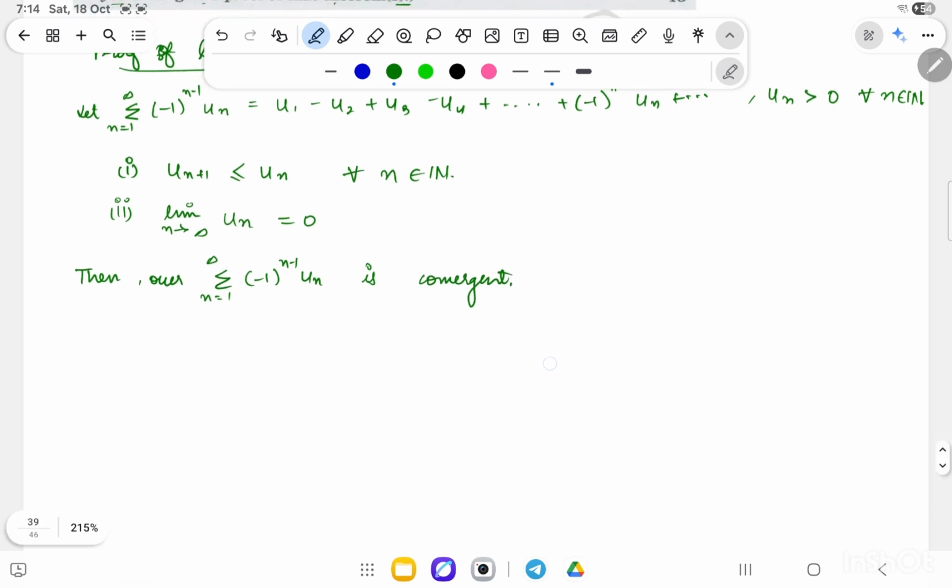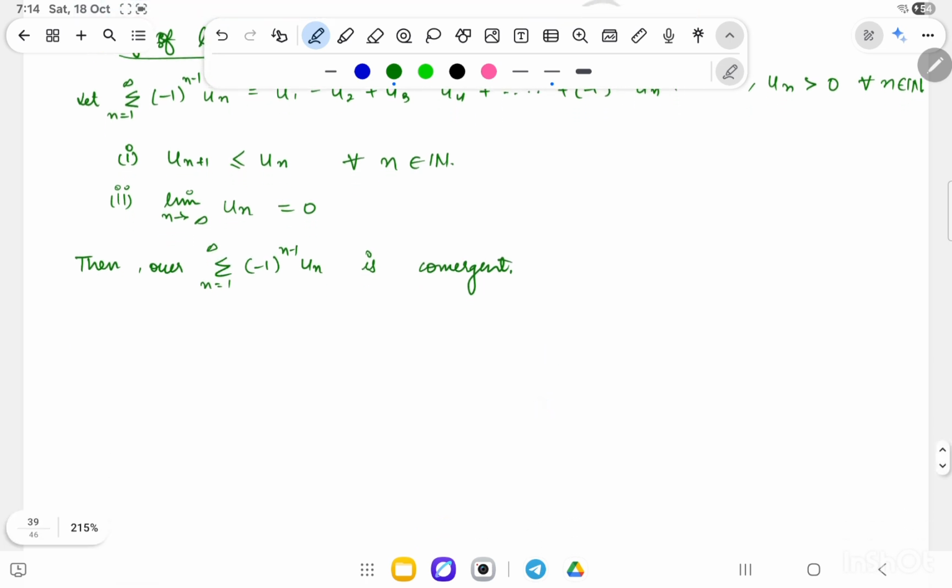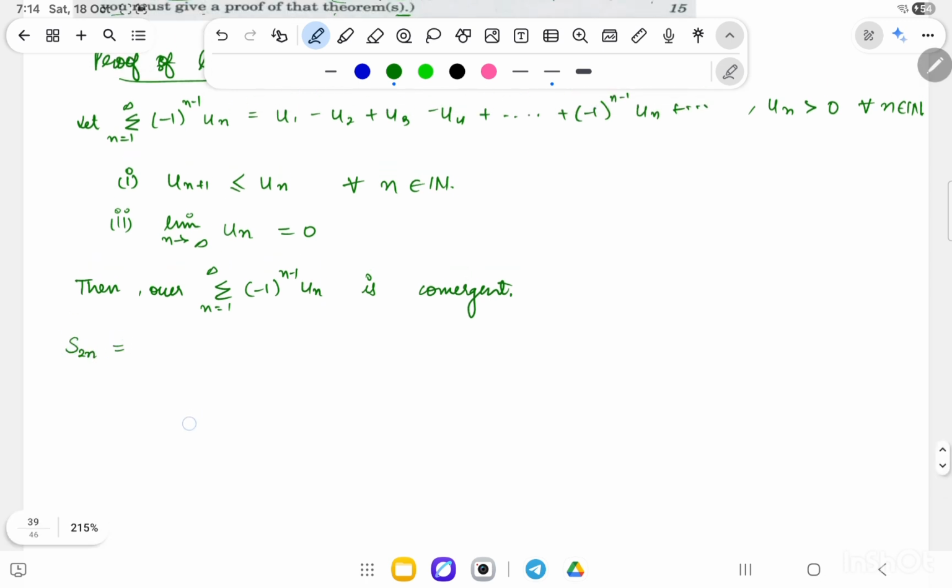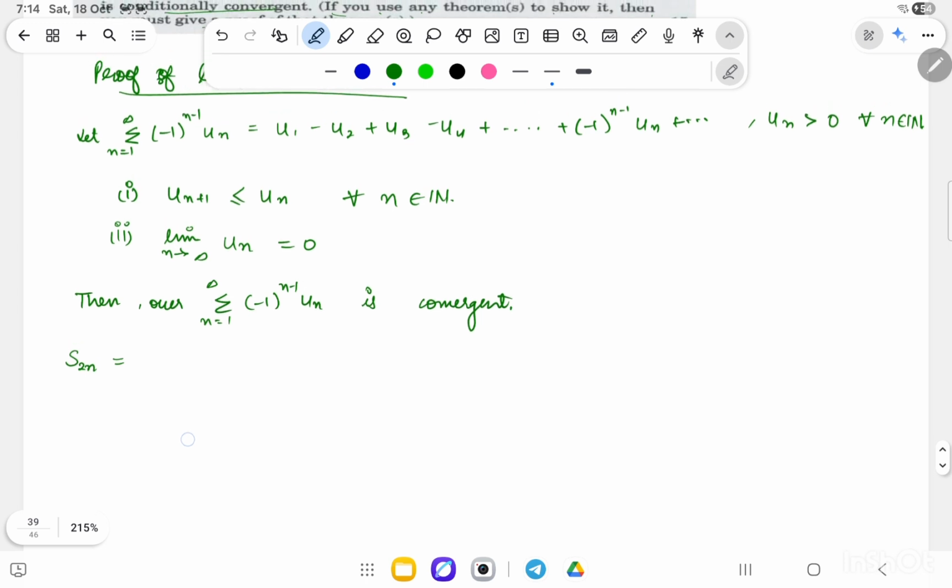Now we need to prove it. The first thing that we should do is define two subsequences. S2n will be u1 minus u2 plus u3 minus u4 up till u(2n-2), u(2n-1) minus u2n.